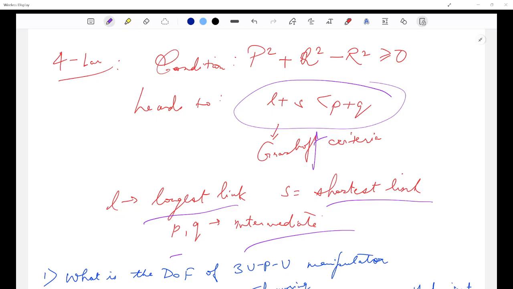This is a Grashof mechanism. In that case, coupler curves intersect at 36 points, in all cases. So that was a general statement.